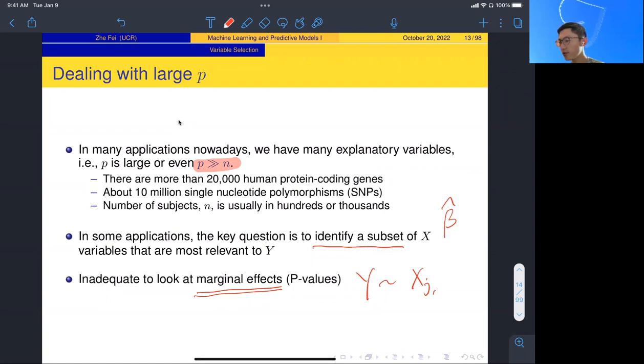So for each XJ, people could do this marginal model, and this is what we mean by marginal effects. But these marginal effects are different from this whole beta hat vector that we would consider for the whole X vector. These are two separate things, and there are certain limitations if we only look at the marginal effects.